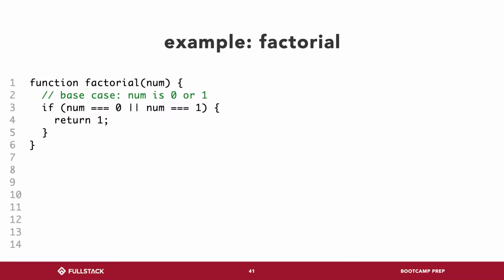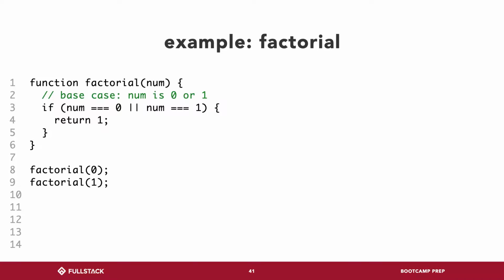Why am I returning 1? What is any number times 1? Itself, okay? If you multiply any number by 1, it is that number, right? So that means that the product that we are building over time will not be affected by returning 1, okay?